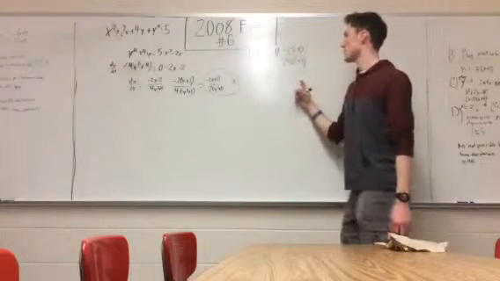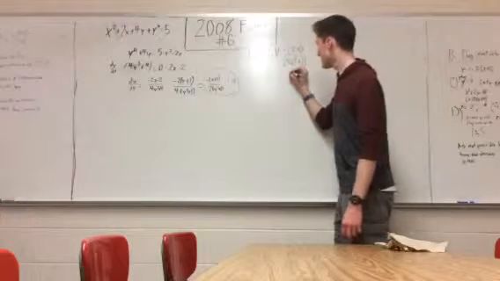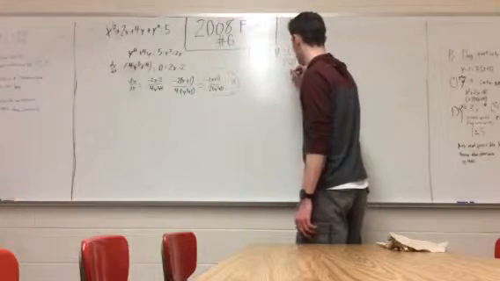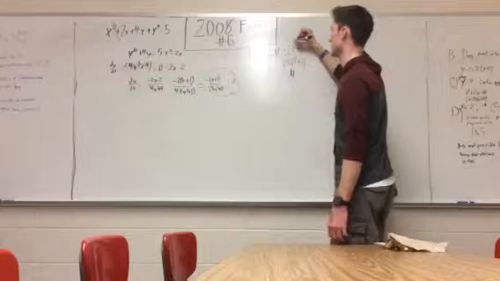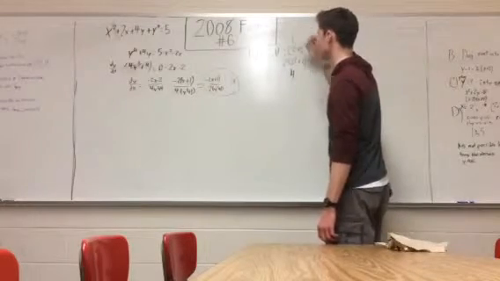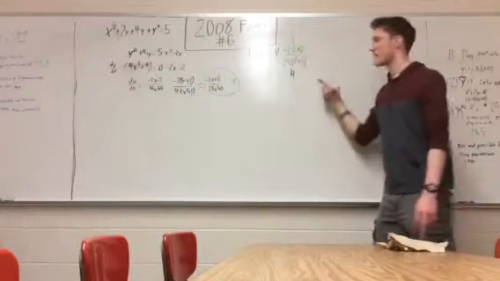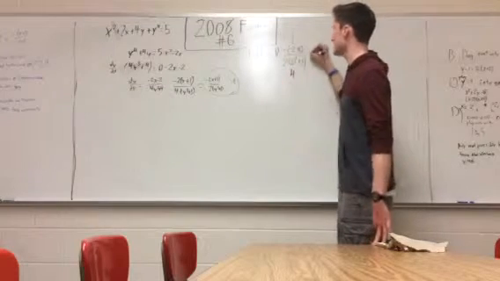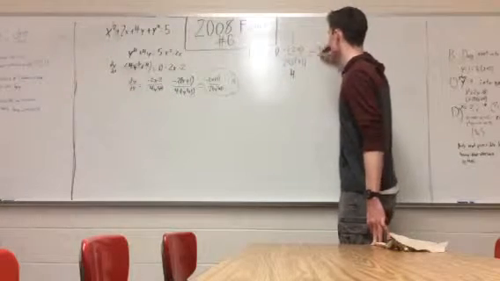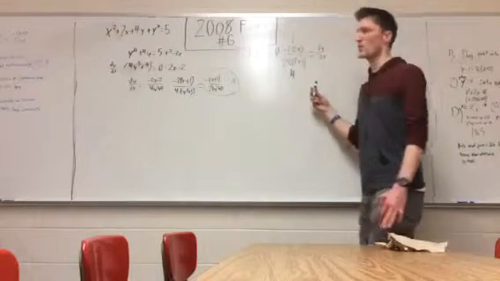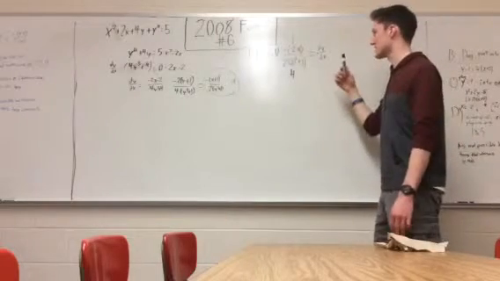That gives us 1 on top and 4 on the bottom. So our rate of change at the point negative 2 comma 1 is 1/4.